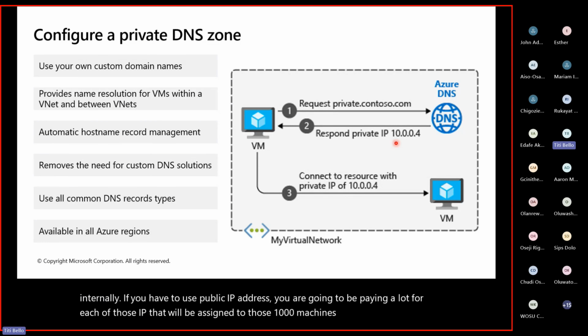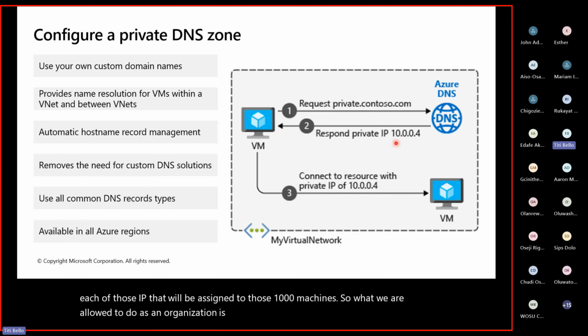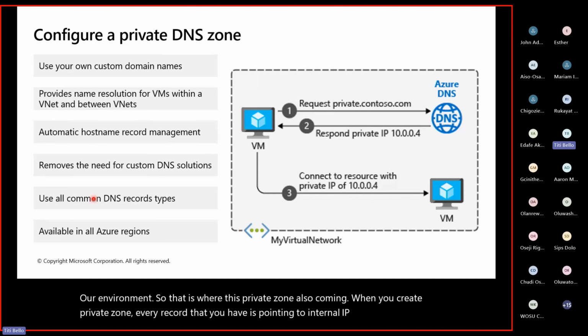So what we are allowed to do as an organization is to use private IPs internally and only allow public IPs for resources that are to be queried from outside our environment. That is where this private zone also comes in. When you create a private zone, every record that you have is pointing to an internal IP, which are private IPs.